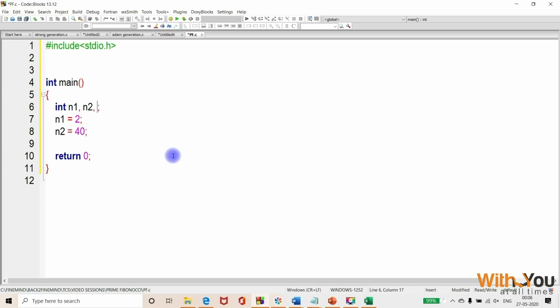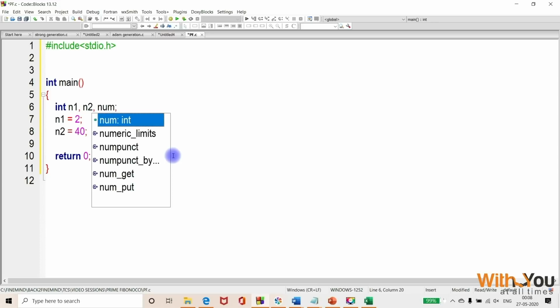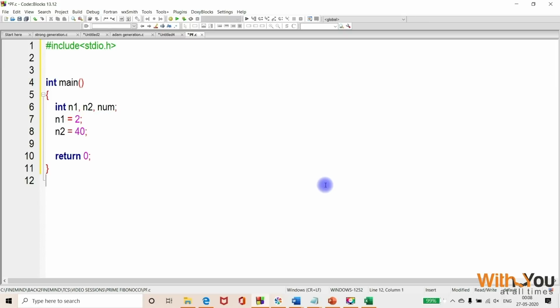So let's have another identifier, num, and he would help us generate values from n1 to n2. So my code becomes: for num equal to n1, num less than or equal to n2, num plus plus. Cool. So I am able to generate values from n1 to n2.